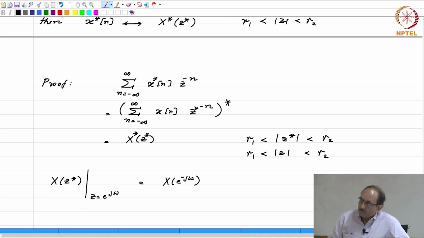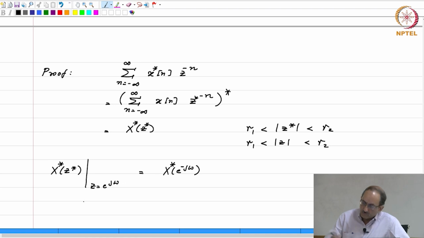But really you want x star of z star, therefore you have this. Therefore, this implies that x star of n has DTFT x star of e to the minus j omega.